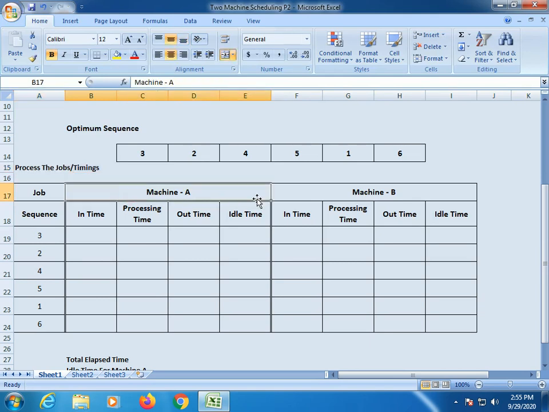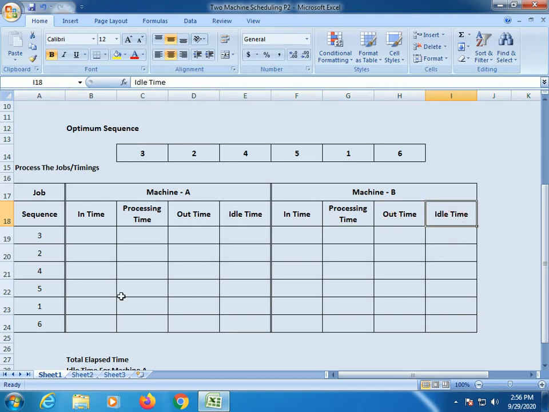For processing the timings of jobs relating to machine A and machine B, we need in time, processing time, and out time. With the help of these 3 columns, we can process the timings of all the jobs, and we can also calculate the idle time relating to machine A. Next, we can calculate for machine B, that means we process all the jobs relating to machine B. For that we need in time, processing time, out time, and we can calculate the idle time.